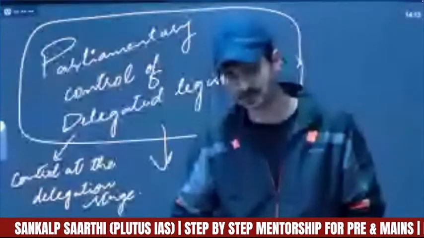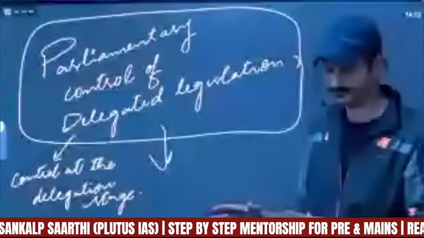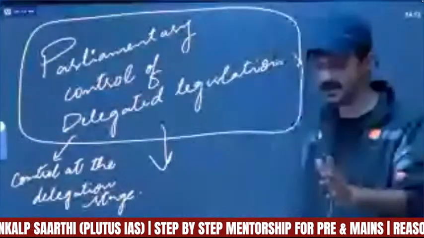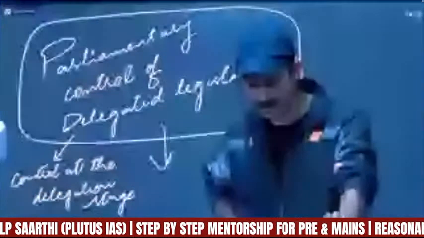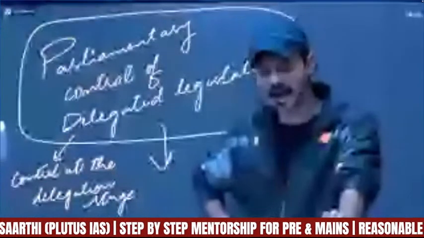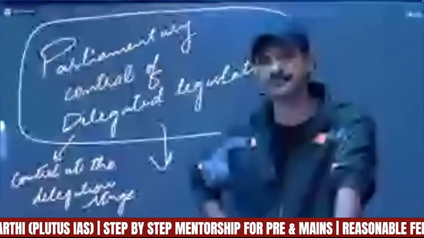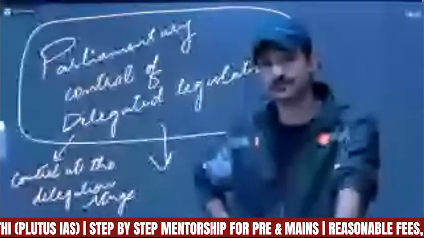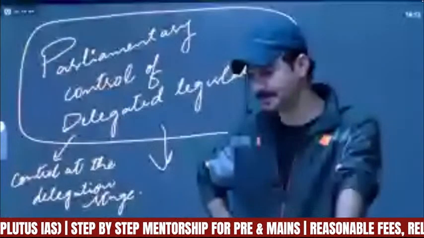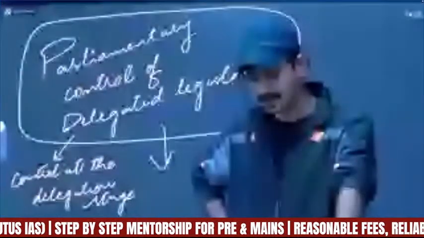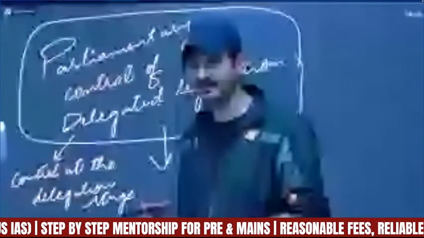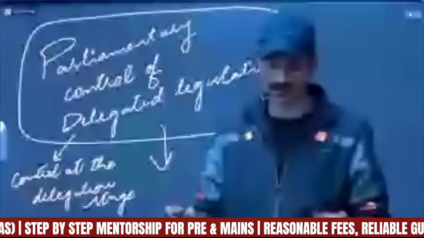It's defined at the very onset. In other words, Parliament decides how much power will be delegated and under what conditions it will be delegated. That's why the legislative framework itself acts as a very important safeguard.